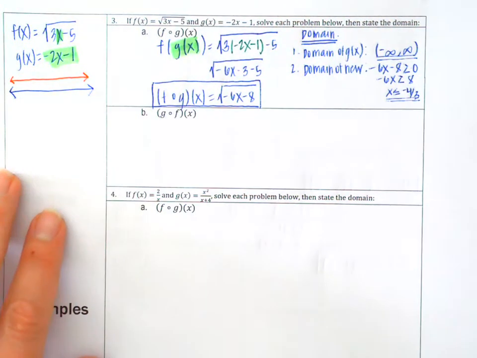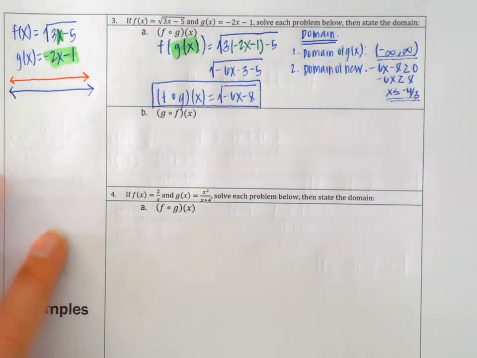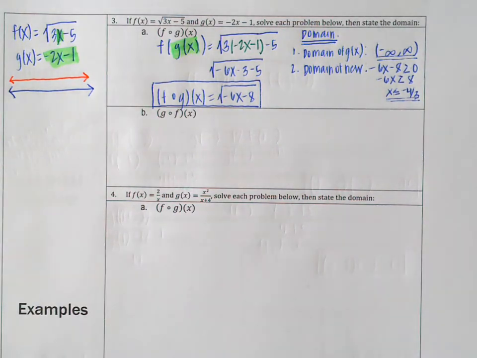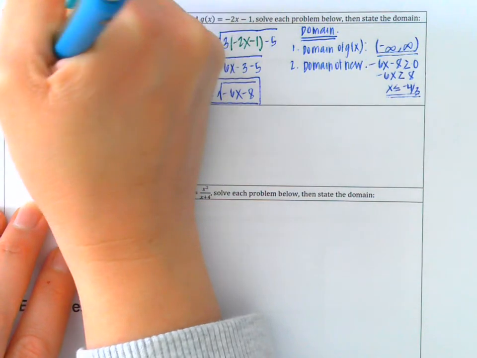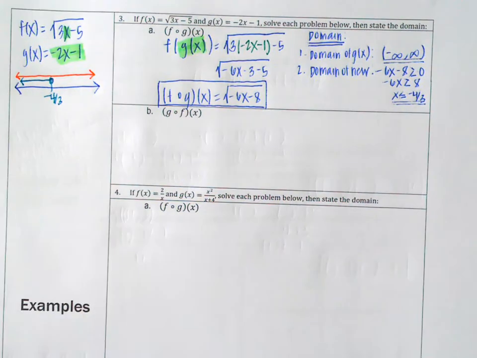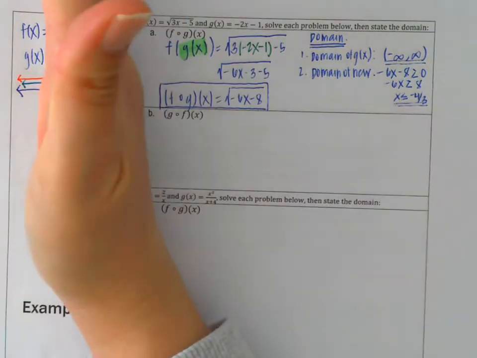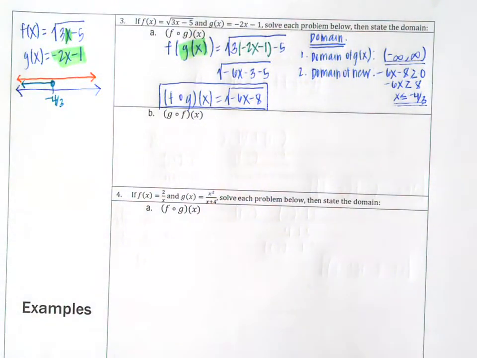But the second one says no, x has to be less than or equal to negative 4/3. Where these two overlap is at less than or equal to negative 4/3, and that's my new domain.